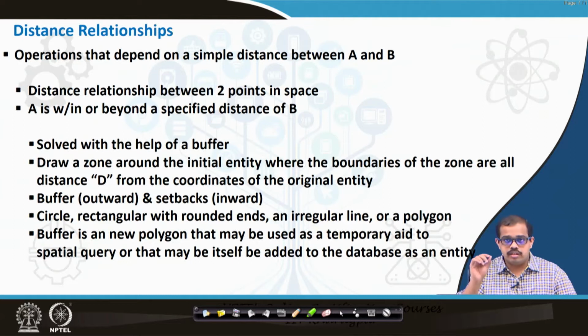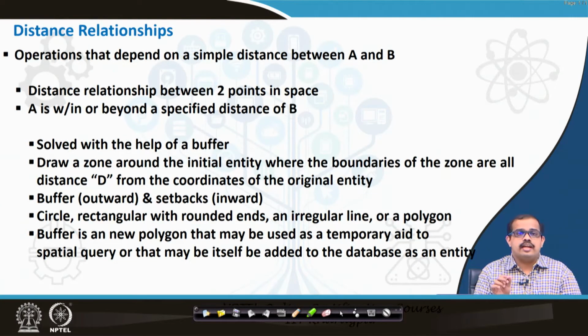Once those polygons or lines have been drawn, buffering to the newer polygon using a temporary aid can be done using a spatial query. Which means once you start locating that particular region to reach that particular point, you will ask by a query how to connect these two polygons, or these two lines, or these two points.